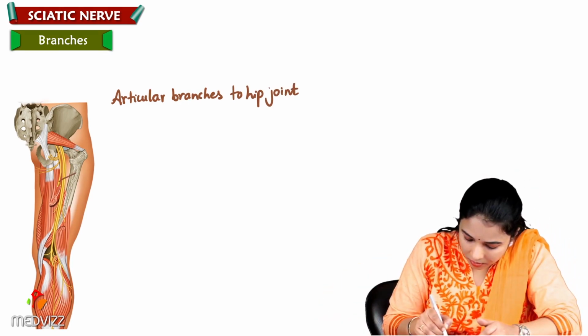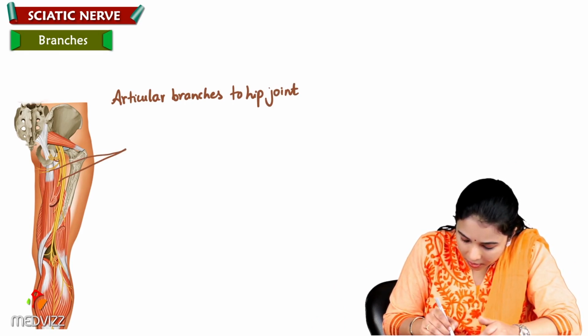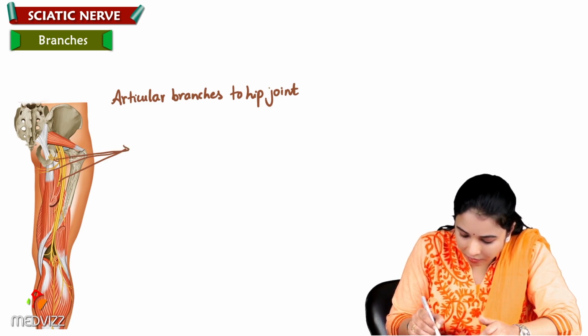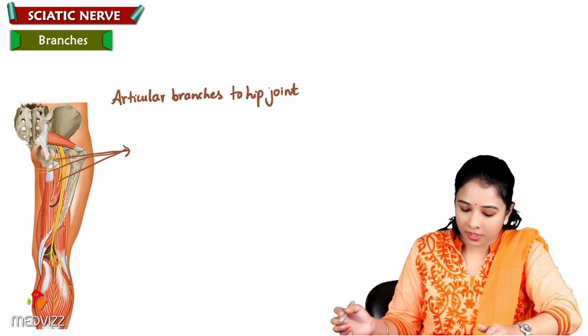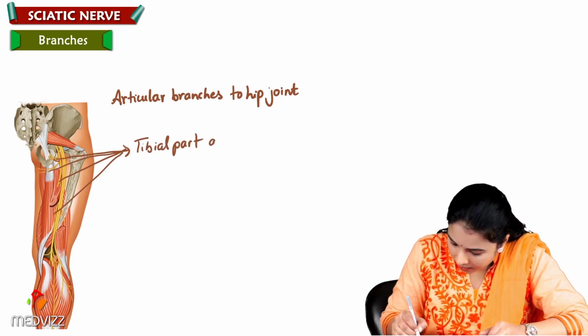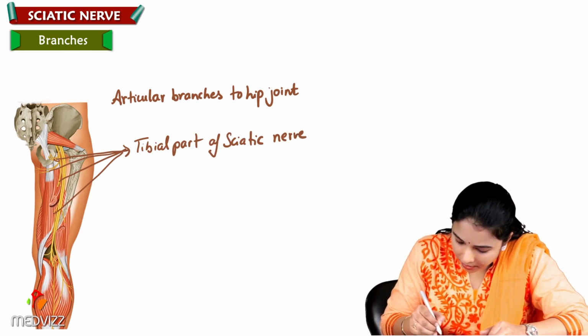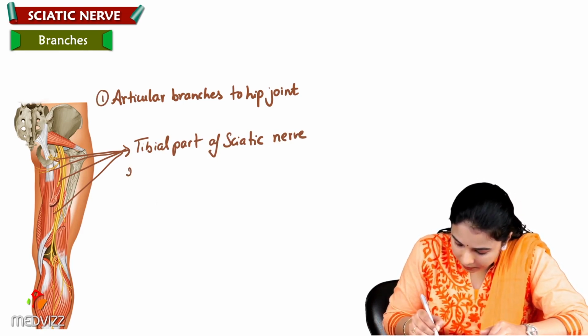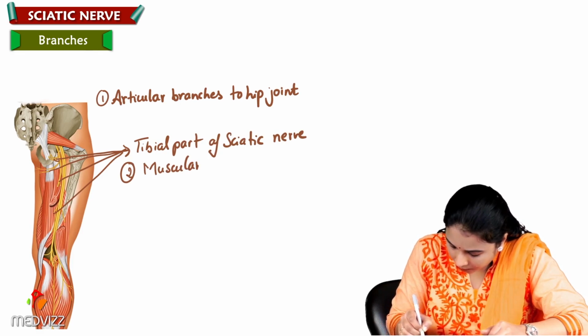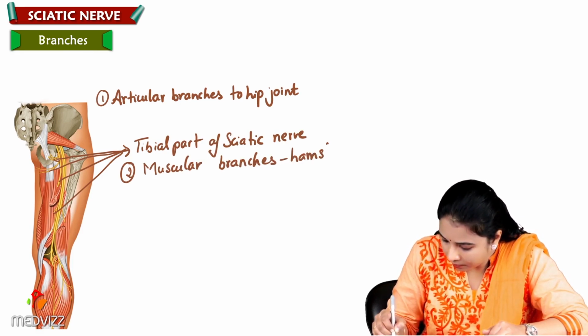It also gives rise to muscular branches. These muscular branches are actually from the tibial part of the sciatic nerve. It gives muscular branches to the hamstring muscles.